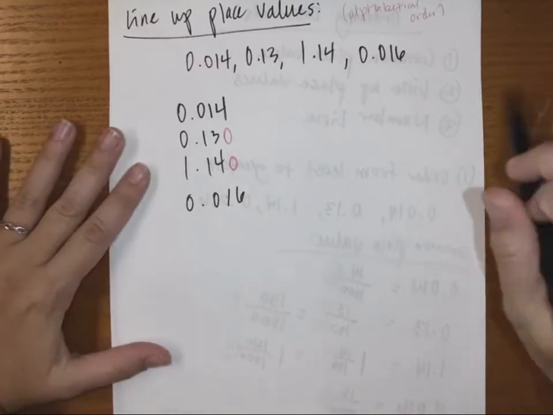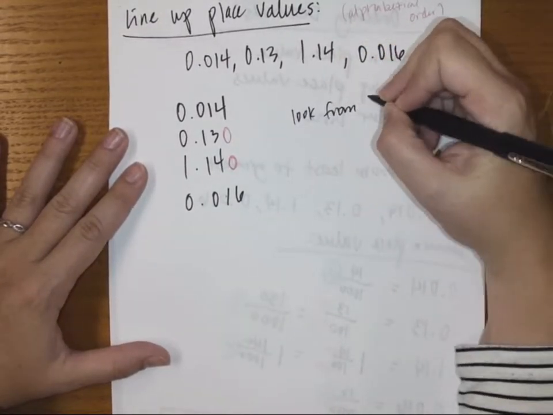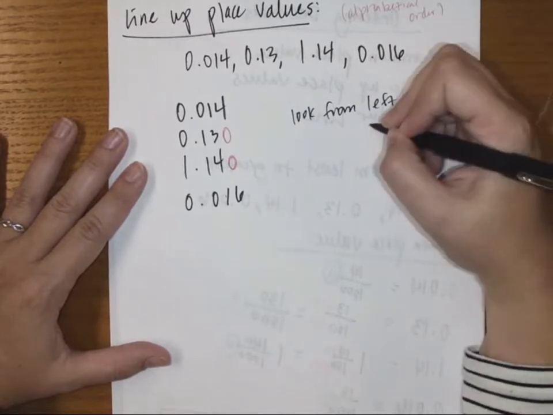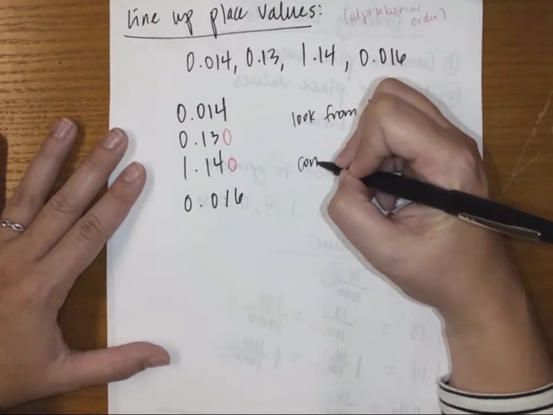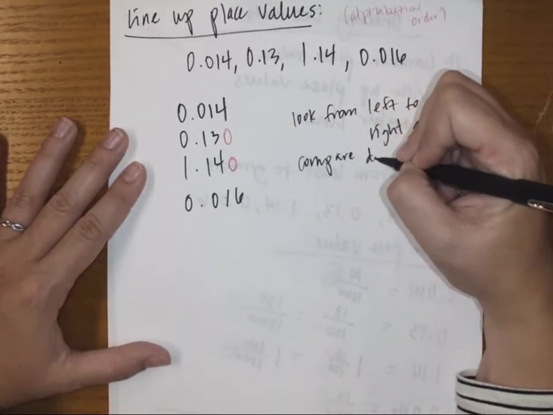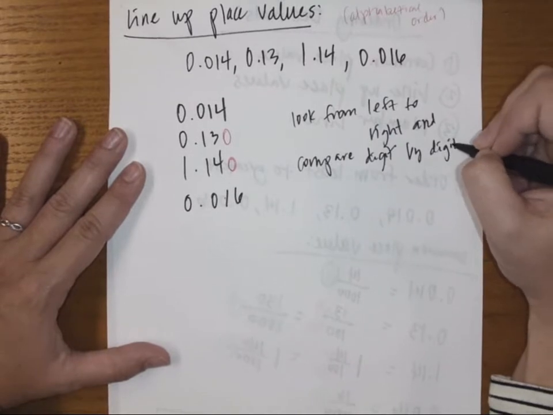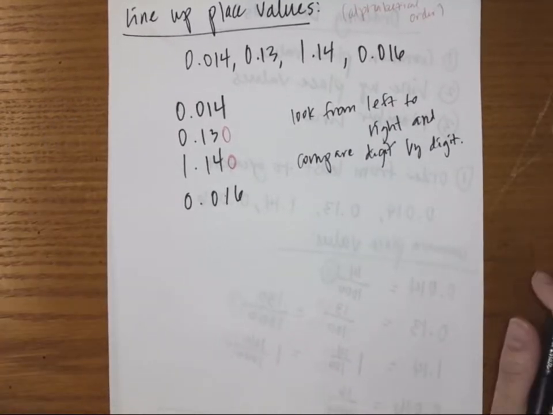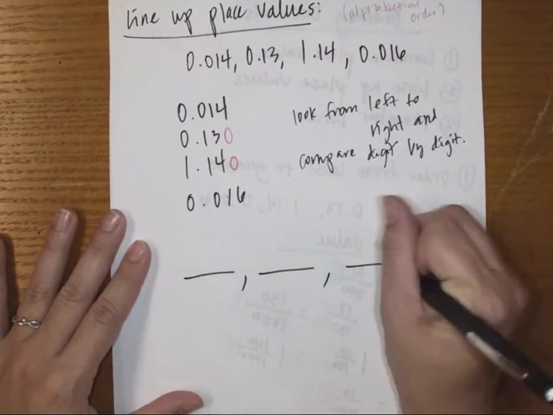Okay, so then from here, we look from left to right and compare digit by digit. I'm putting them in order from least to greatest, so I have 4 spots I'm putting them into.